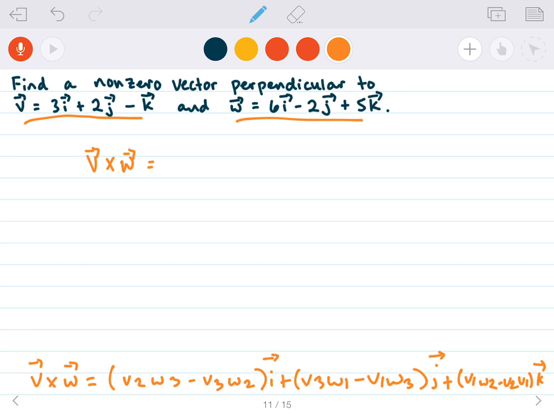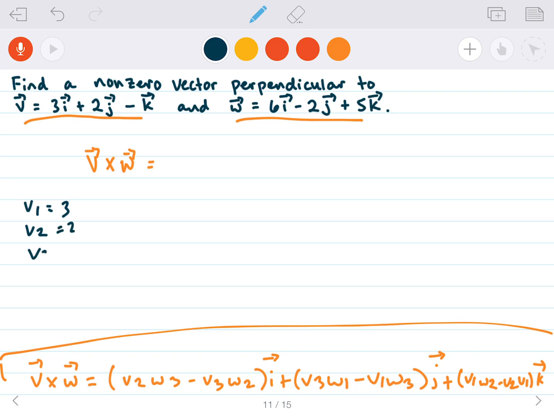Okay, so there is our definition of the cross product. So let's go ahead and compute this guy. All right, first of all, let me list out my coefficients. V1 is 3, V2 is 2, and V3 is -1. For w, we have W1 is 6, W2 is -2, and W3 is 5.